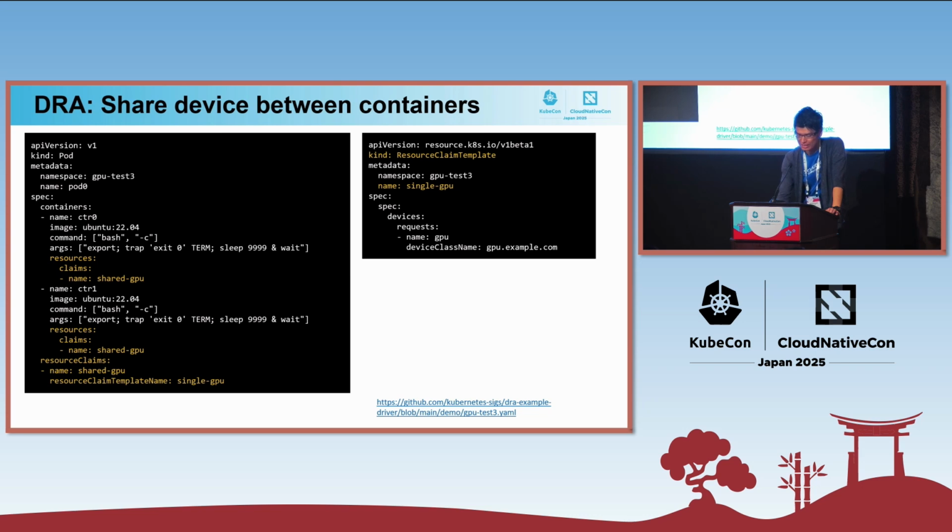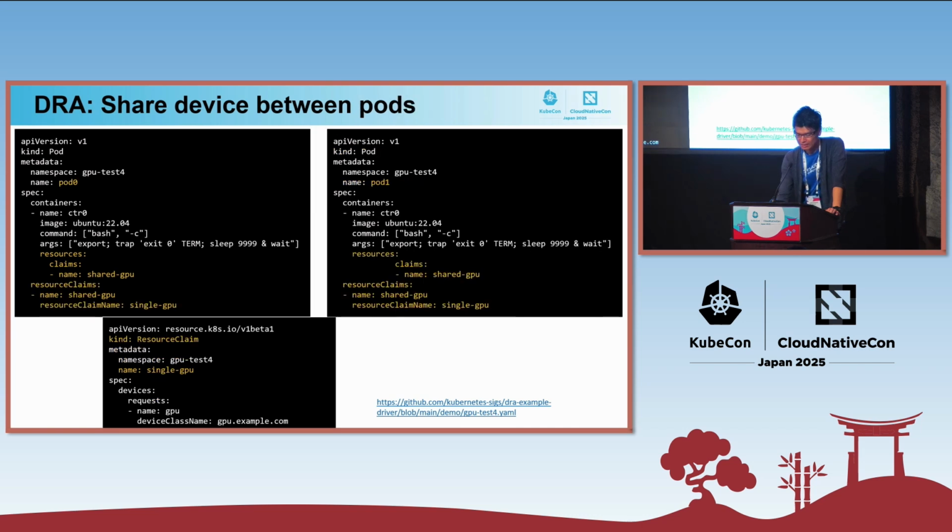Let's move on to the next case. In this case, one device is shared by two containers in one pod. One resource claim template can be shared by referring to the template from two containers. Next, you can manually create a resource claim instead of a resource claim template.